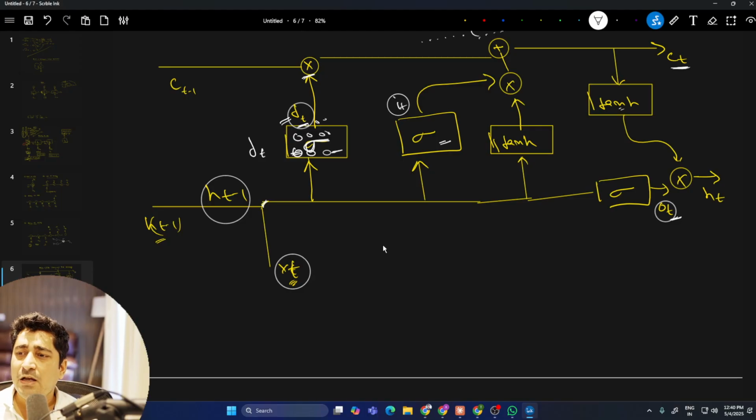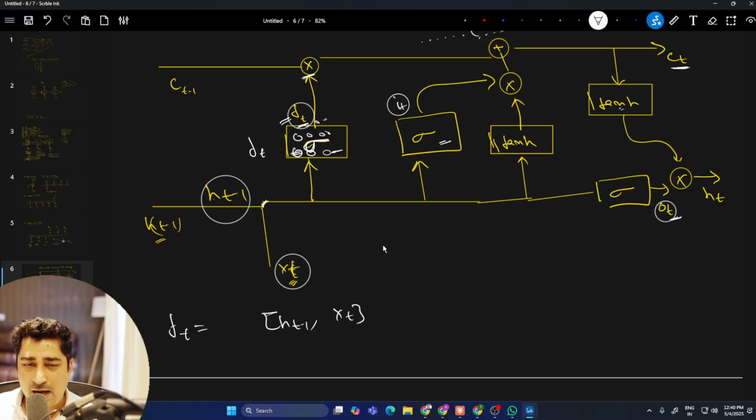If I have a neural network over here, obviously I will have weights, meaning weight matrices. So I can write this forget gate equation. FT equation I can write in this way: HT minus 1 and then XT will go as an input.